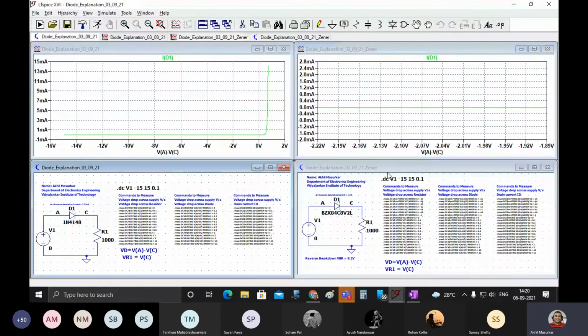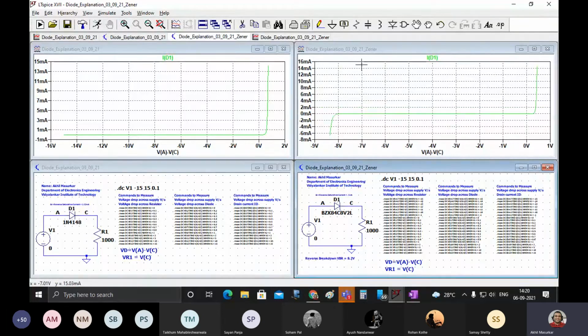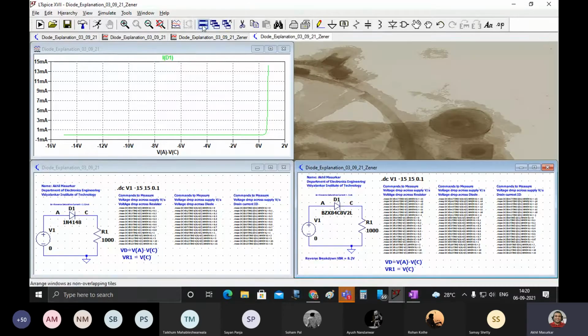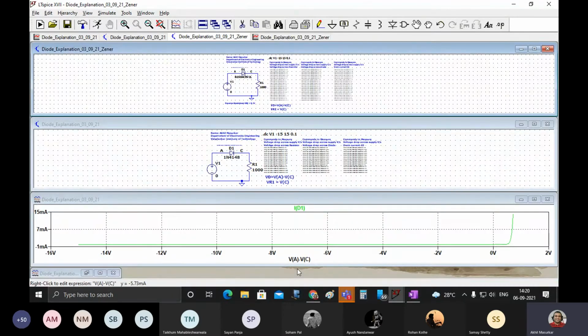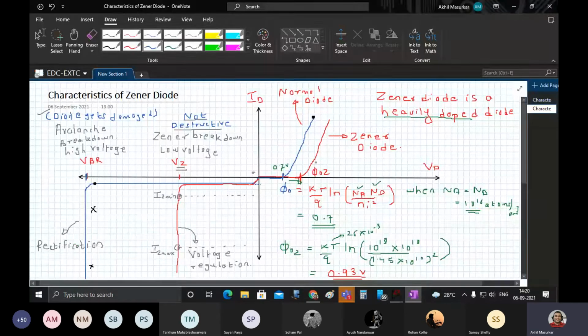Now I want to plot both these in the same graph like this. I want to see a graph like this. Are you getting it? So both combined, yes.